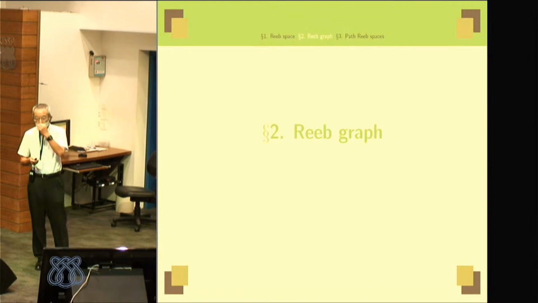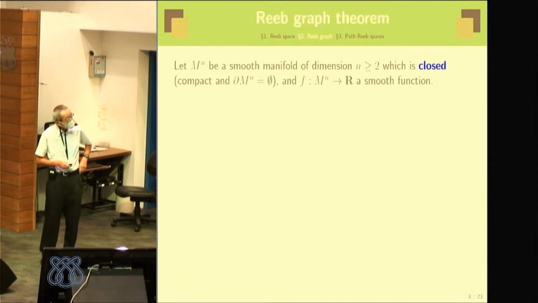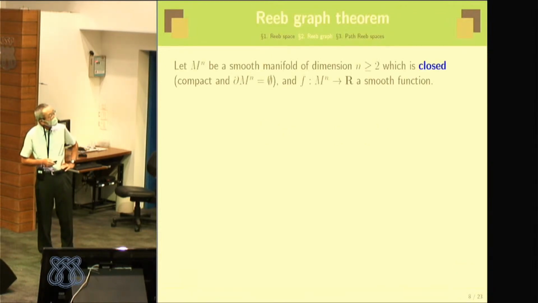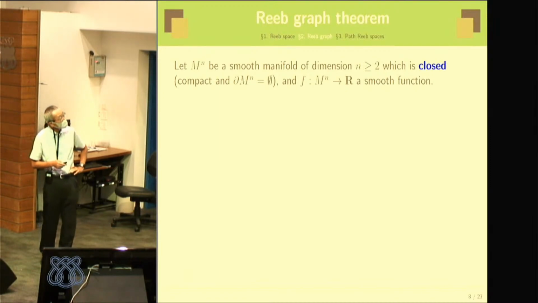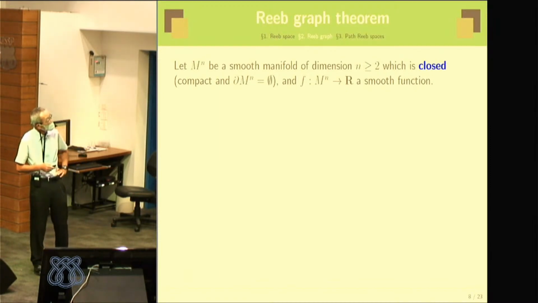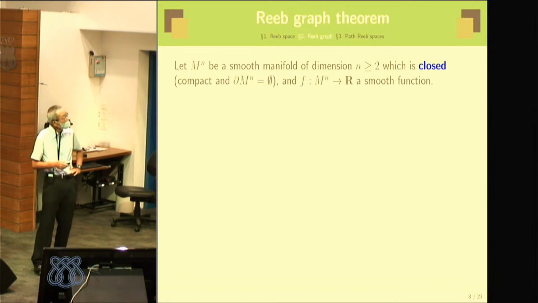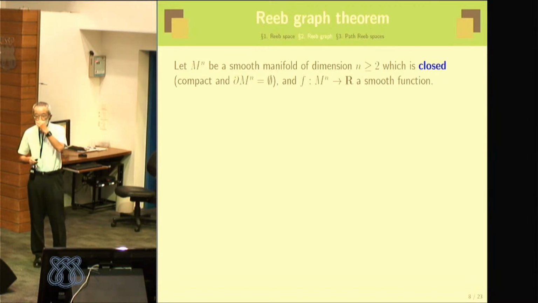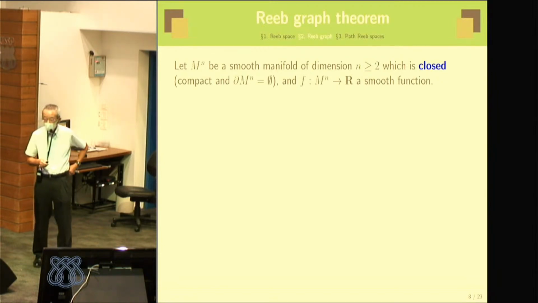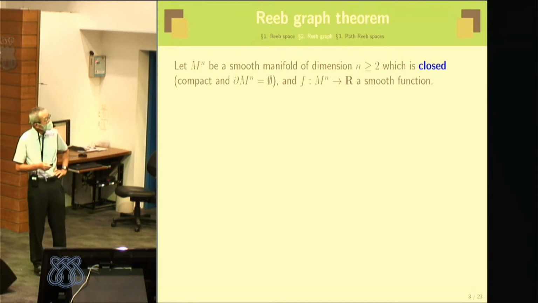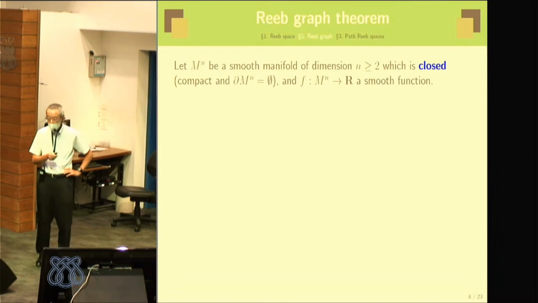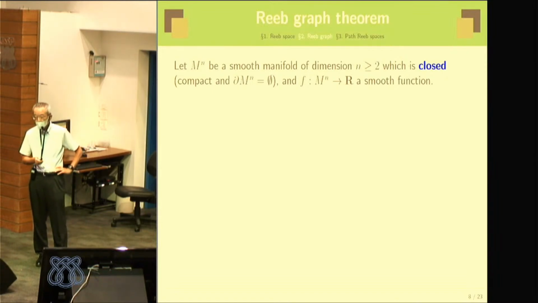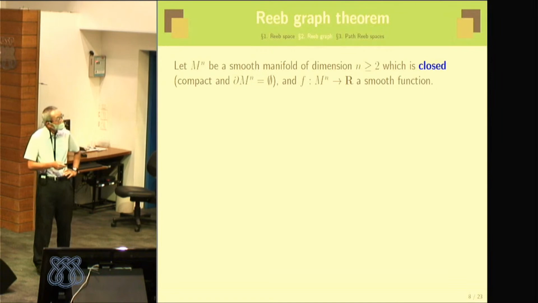So now, first, the Reeb graph theorem. In the following, let M be a smooth closed manifold of dimension greater than or equal to 2. And for simplicity, we assume that it has no boundary and compact, closed. Okay. And f is just a smooth function. It may not be a Morse function. It may have very complicated critical points. Okay.